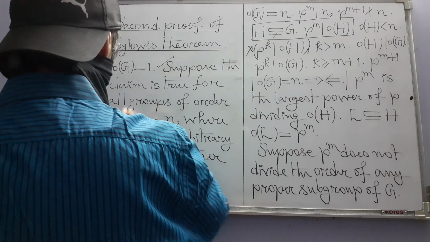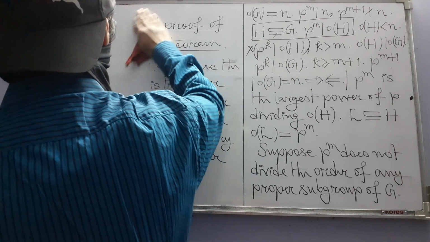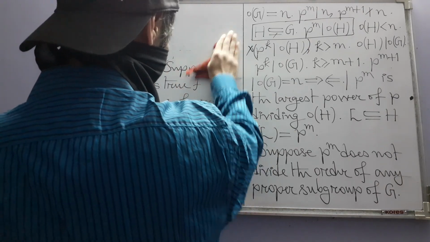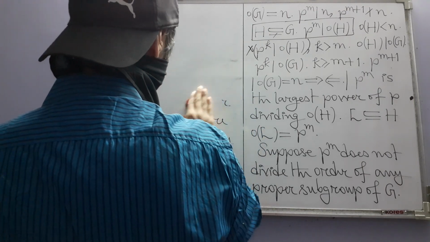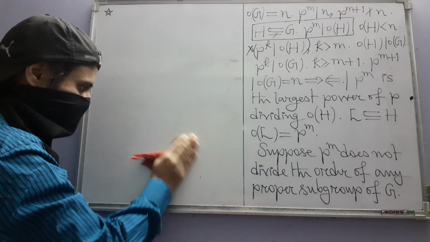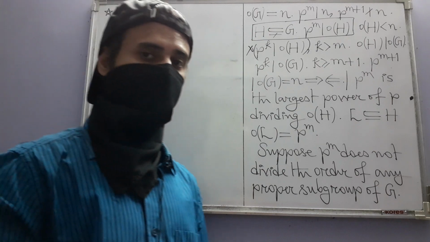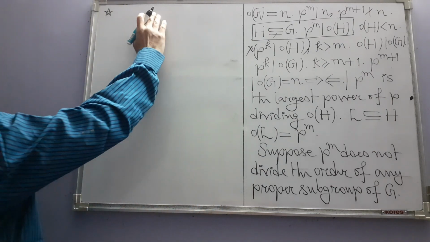And now is the time that we have to use the class equation of G. Now, a group, of course, may have many different types of subgroups. In the class of all subgroups, there are some special subgroups which will help us now. These are the normalizers of group elements. Let us recall something.